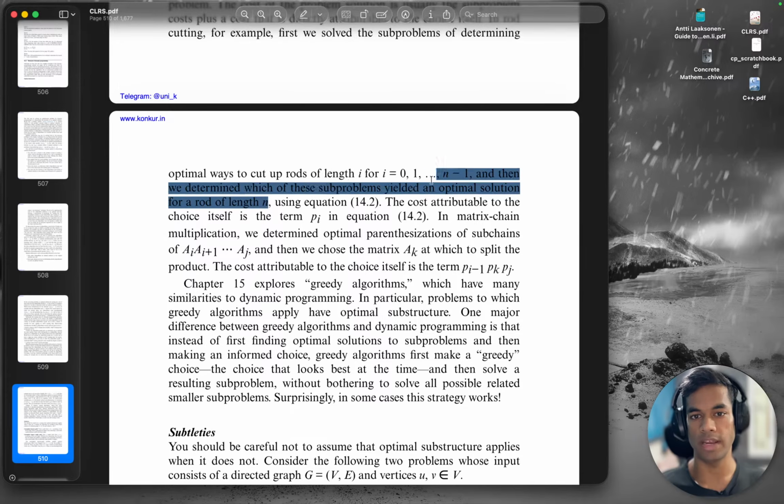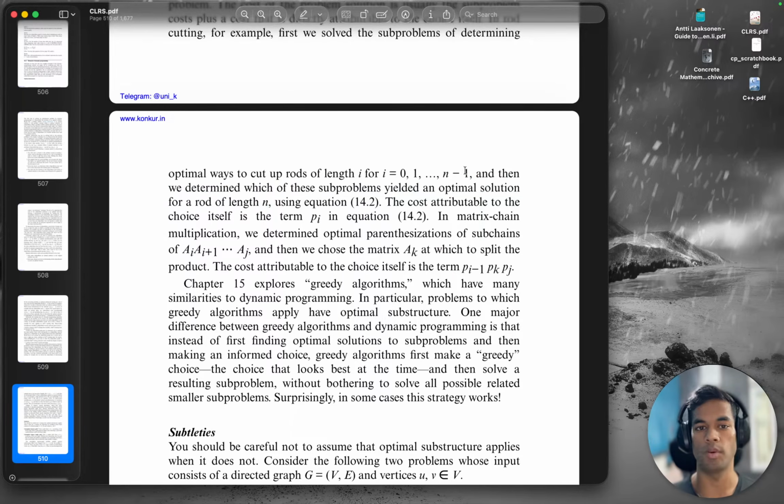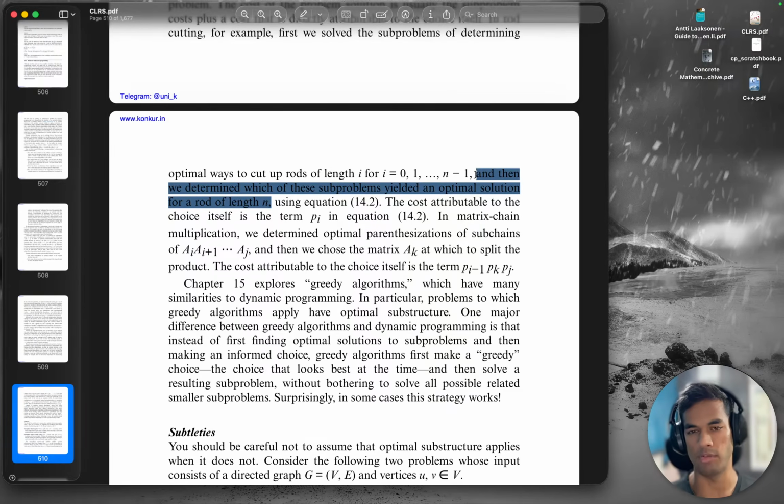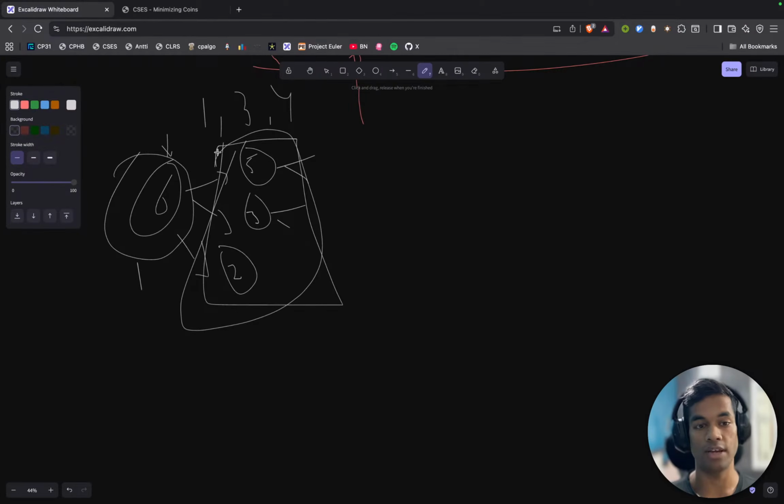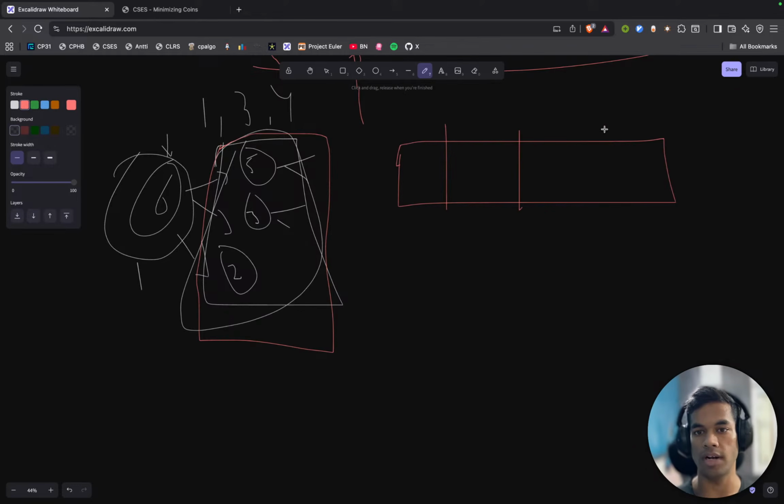In this particular case of the rod cutting problem, the dynamic programming implementation depends on all the subproblems, which is not the general case. Generally, our solution does not depend on all the subproblems.